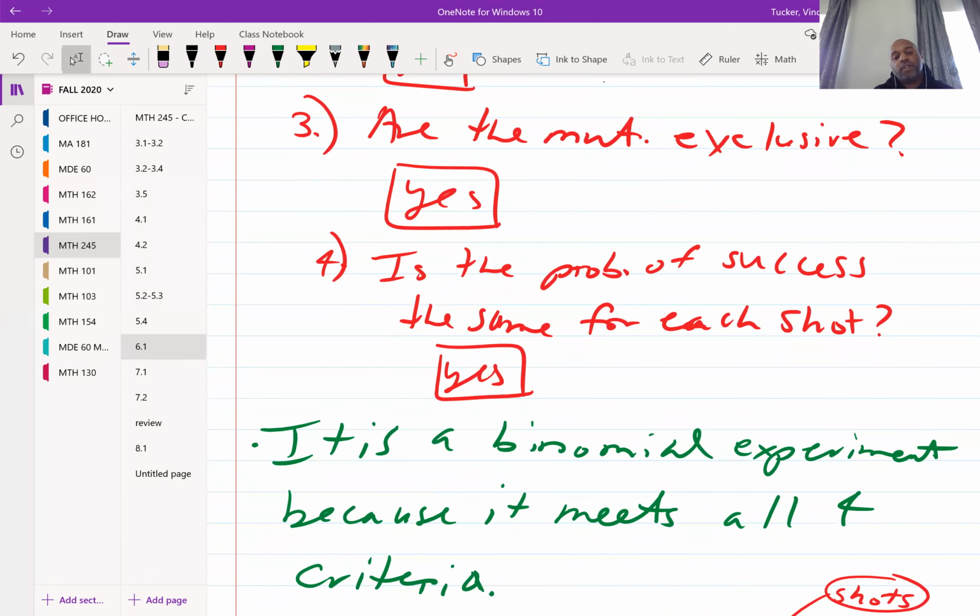So in the green is our conclusion as far as whether it meets a binomial probability experiment or not. So it is a binomial experiment because it meets all four criteria.